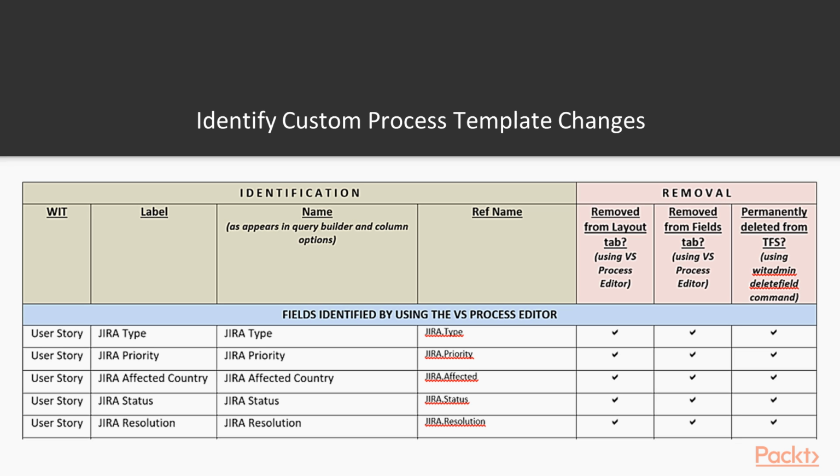So part of that is whether it's a user story or it might be a bug, and which field relates to which system reference. In the example you're seeing on the screen at the moment, this was a Jira configuration where the customer was already using Jira and they wanted to see the same fields in TFS as they did in Jira. So we used the Jira to TFS synchronizer to synchronize and populate that, so that we got all the information in both systems and they could run them in parallel.